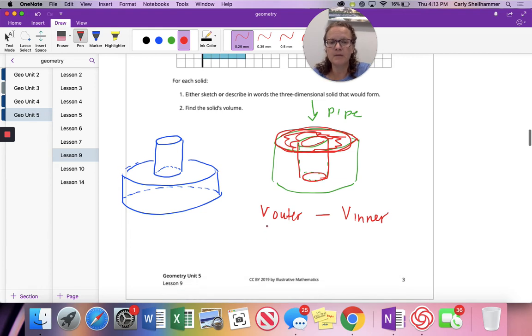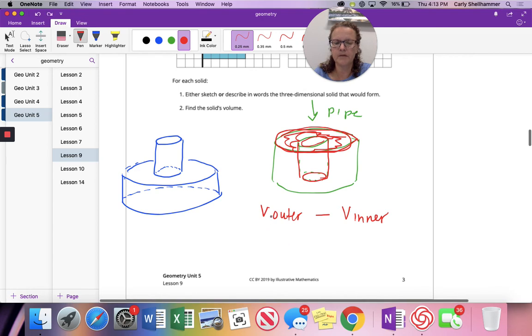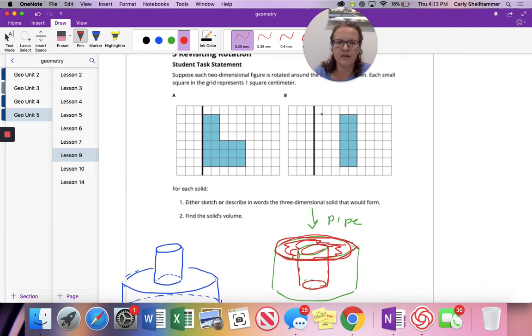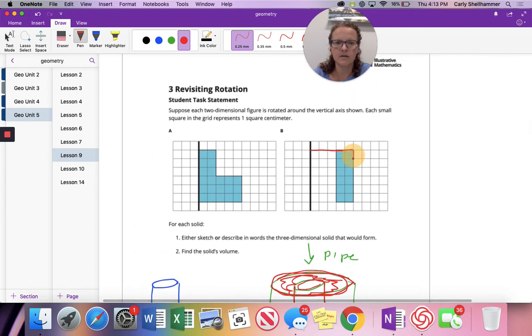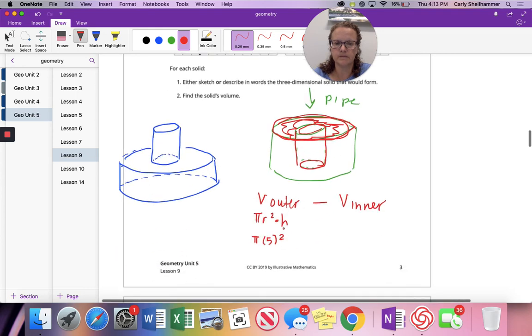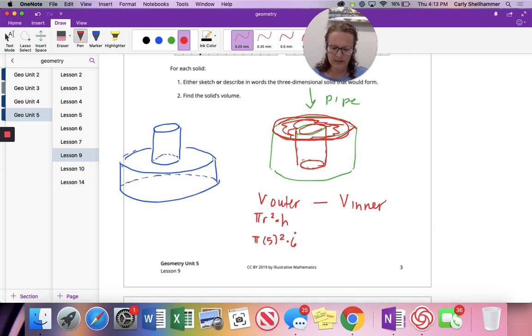All right, so the volume of the outside, remember, it's pi r squared times the height, with the radius here being 1, 2, 3, 4, 5, times the height, 1, 2, 3, 4, 5, 6. So that's 25 times 6, which is 150, so 150 pi.